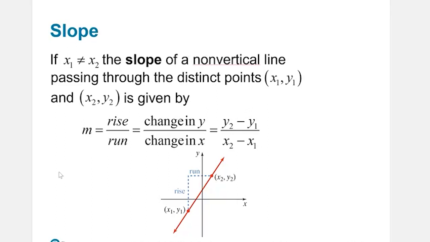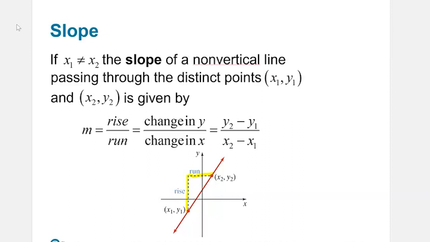And the easiest way to think about it is the rise over the run, because you can see that we are rising. And when I run, I don't run up, I run across. So we call that the run. Okay. So we're always looking for the change in y over the change in x, the rise over the run.